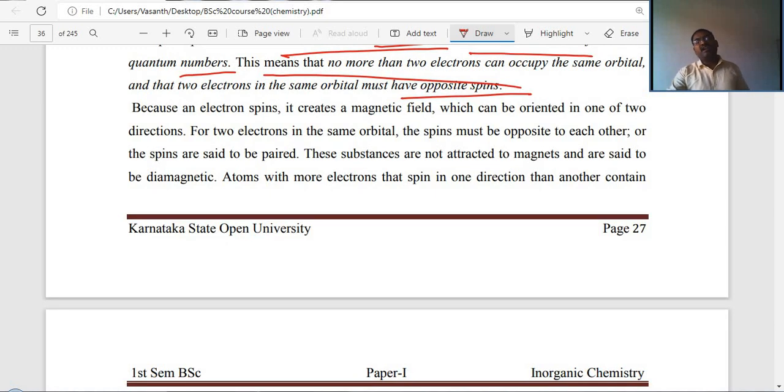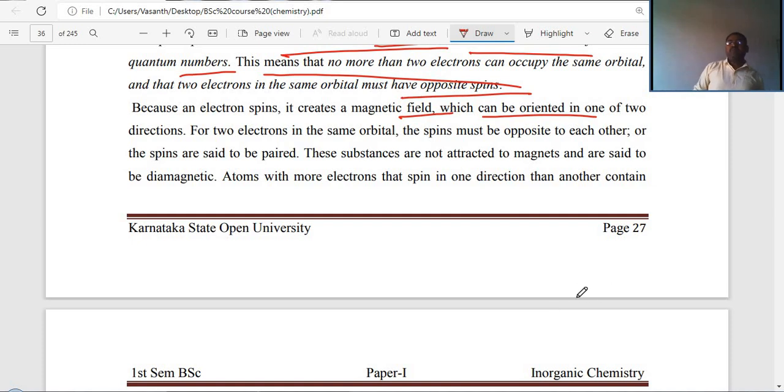Because an electron spin creates a magnetic field which can be oriented in one of 2 directions, for 2 electrons in the same orbital the spins must be opposed to each other, or the spins are said to be paired. Substances that are not attracted to magnets are said to be diamagnetic.